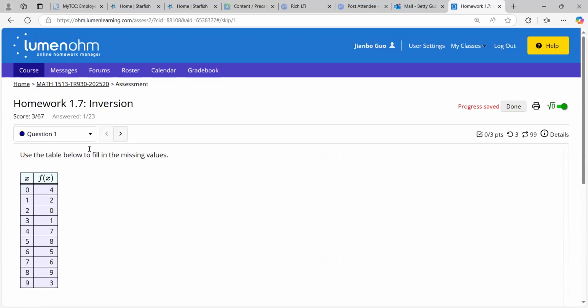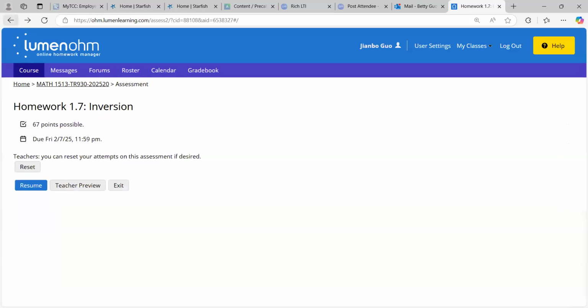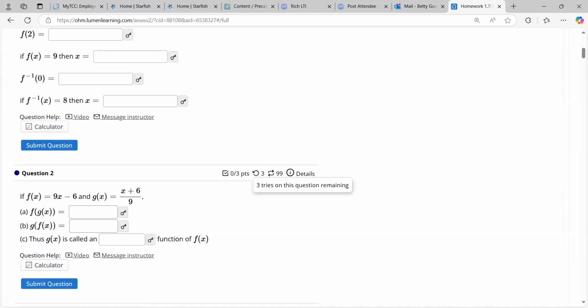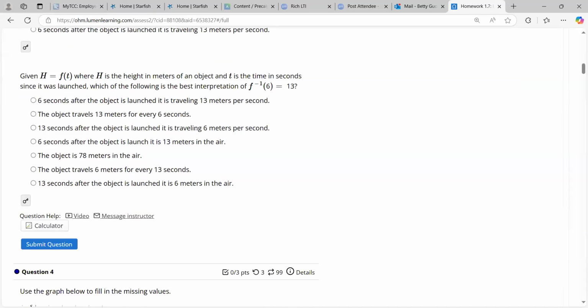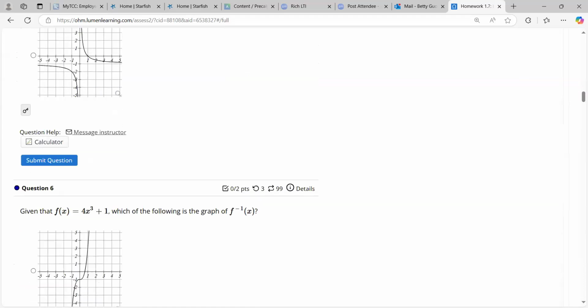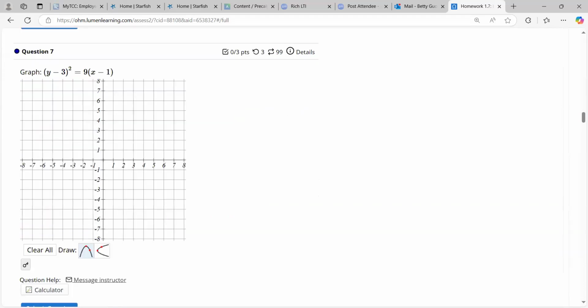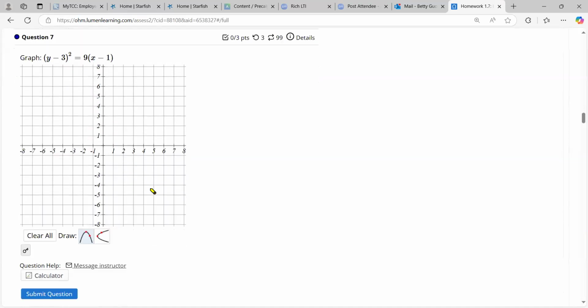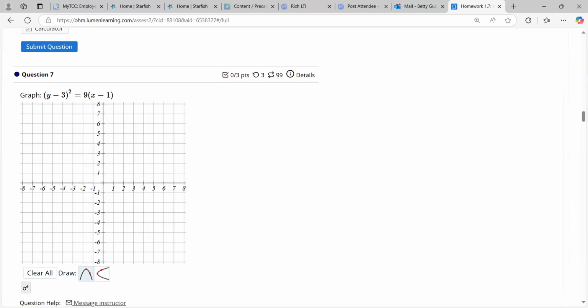What is the teacher's review? Number 7. Yeah, something like that. You see that? How do we graph the parabola? We need to know the vertex. The vertex is (1, 3).